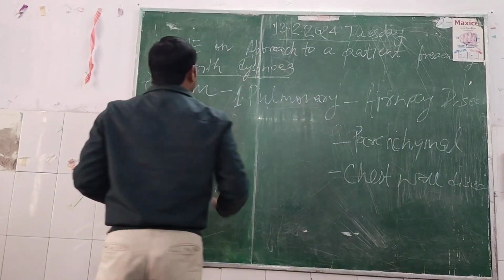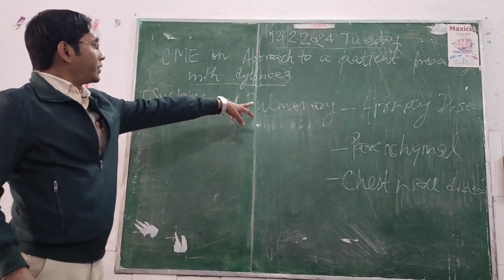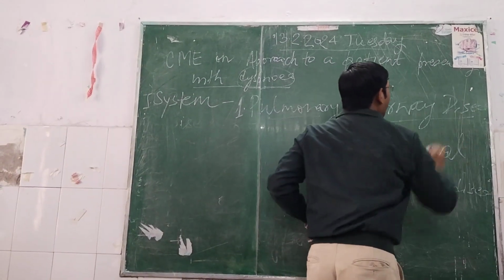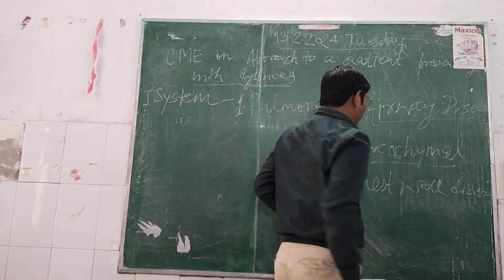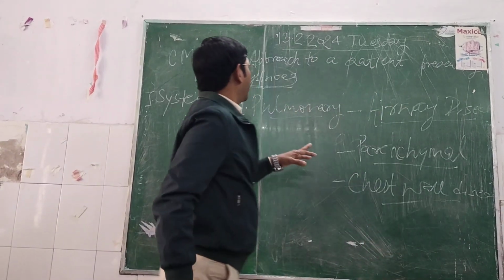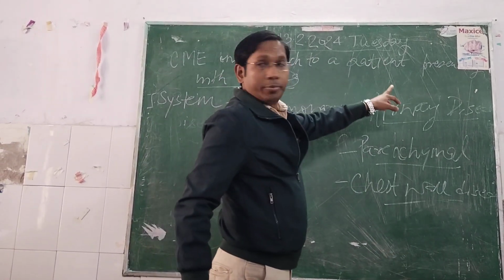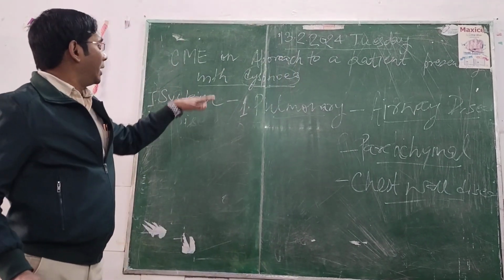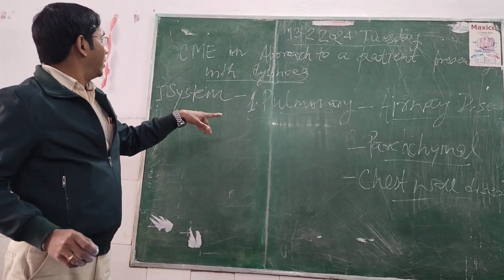Means a patient with a pulmonary system problem can have these disease processes: airway disease, parenchymal disease, and chest wall disease. So this will be the disease process, and now I am elaborating one by one.